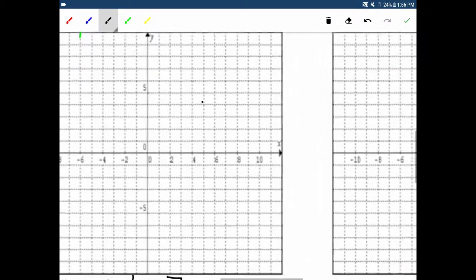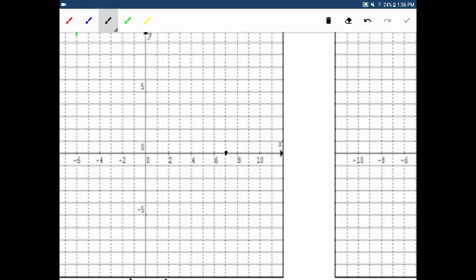So it's going to start there. There's our vertex. It's been moved over to the right. Okay? And we go over 1 up 1, over 2 up 4, and there we go. And so that is y equals x minus 7 squared.